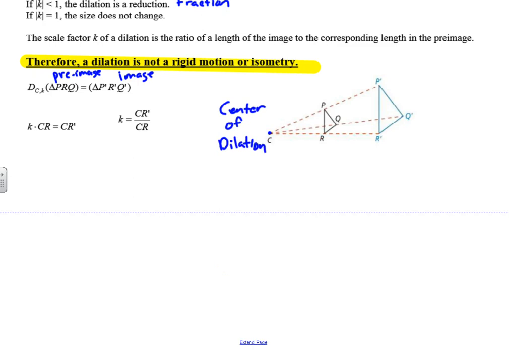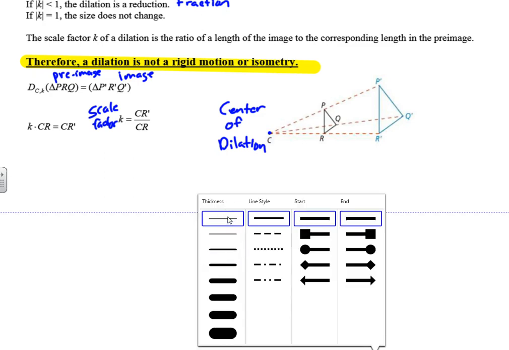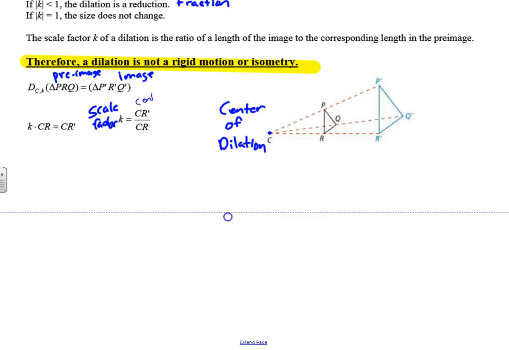When you pinch zoom on your phone, it sets a center of dilation and then enlarges from that point. It takes all those little pixelated values and moves them that distance. So K, which is our scale factor, how can we figure out what it is? Well, let's dig into what CR prime is. It's the distance from the center of dilation to the image.